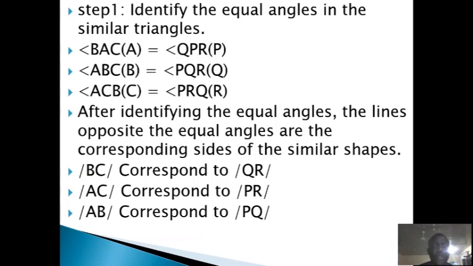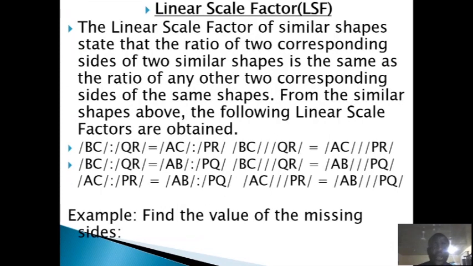So now with all this, we have to look at linear scale factor. What is linear scale factor? The linear scale factor of similar shapes states that the ratio of two corresponding sides of two similar shapes is the same as the ratio of any other two corresponding sides of the same shapes.